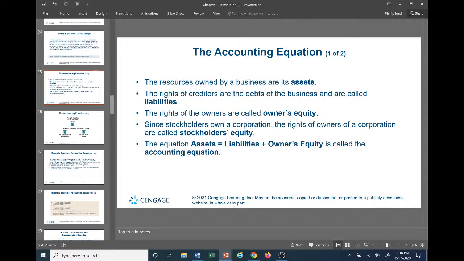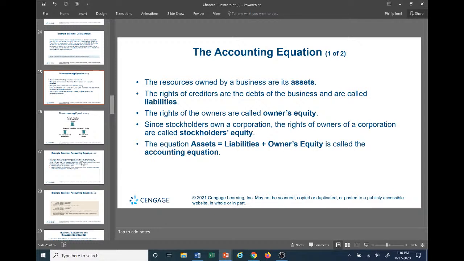A creditor is someone who lends a business money, so the business has a liability to repay that money to that creditor. That's why the rights of creditors are the liabilities of the business. Liabilities are something that we owe to someone else, right? Assets are resources owned by the business. Liabilities are something we owe.